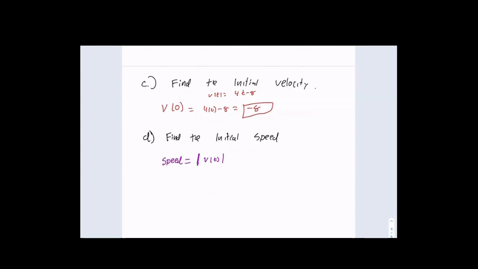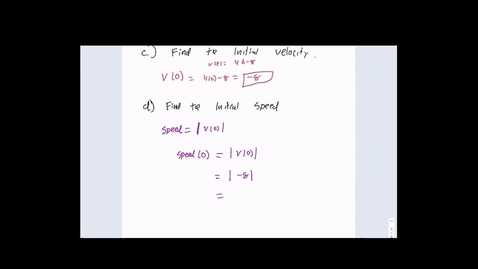So in this case, the speed at 0 is equal to the absolute value of the velocity at 0, which is the absolute value of negative 8, which is positive 8. Speed is always positive. Speed is directionless.